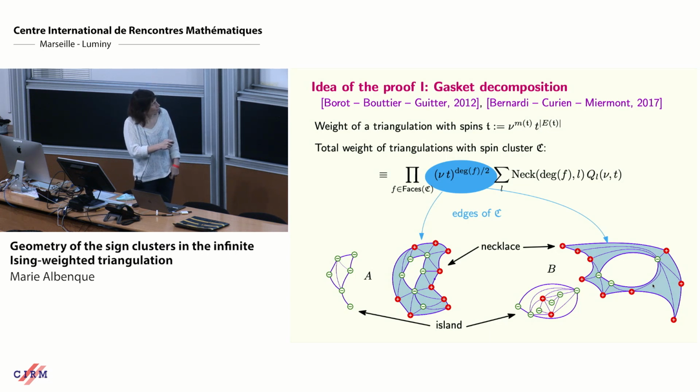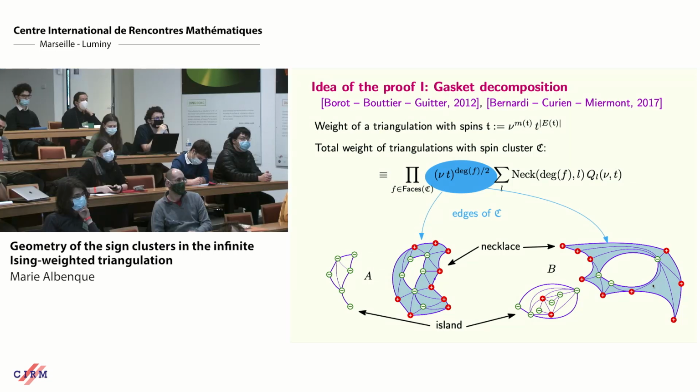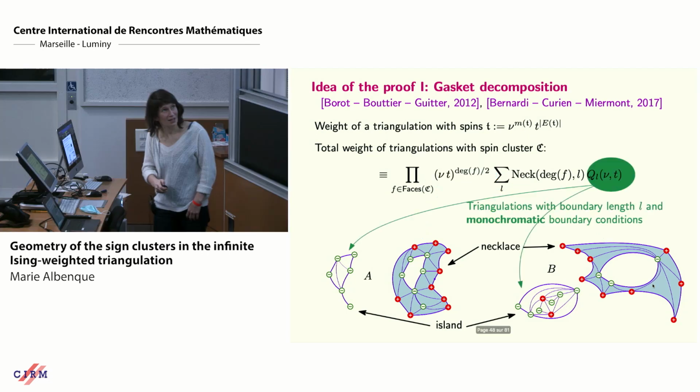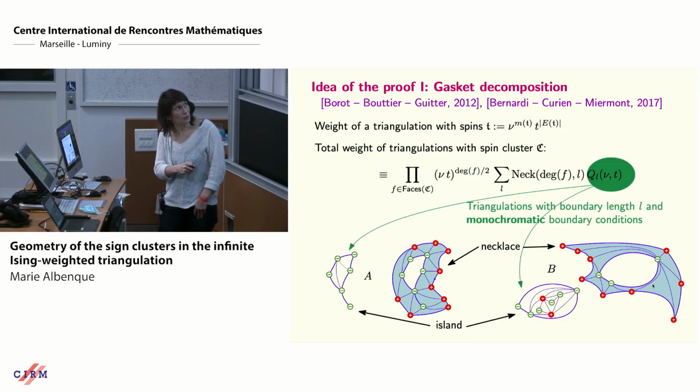And because each edge belongs to two faces, they have to be counted once as square root of nu t on one side and square root of nu t on the other. So this is why I have these terms here to account for these edges which are on the boundary of what I put.